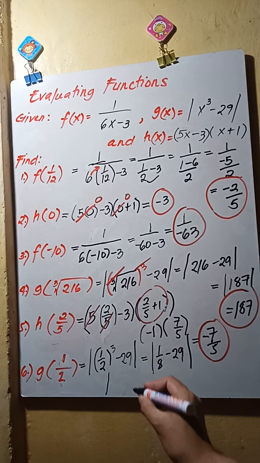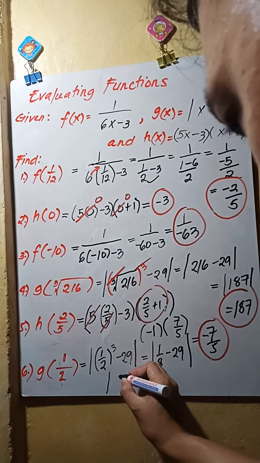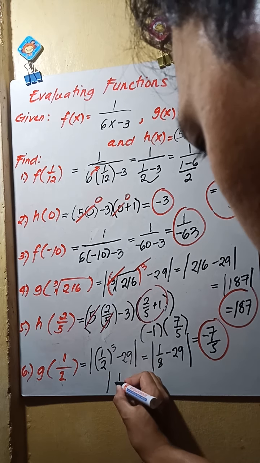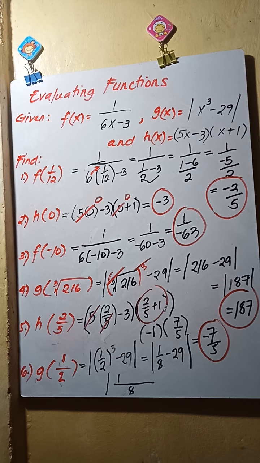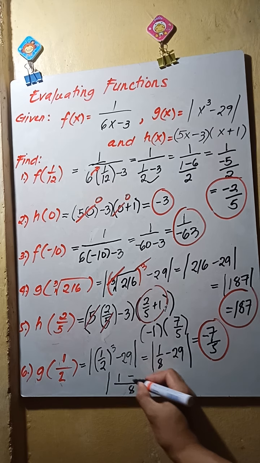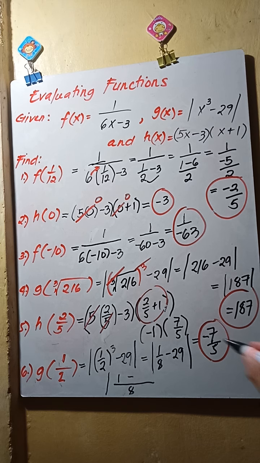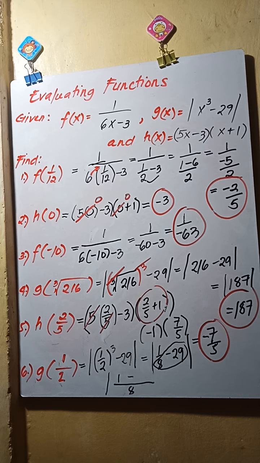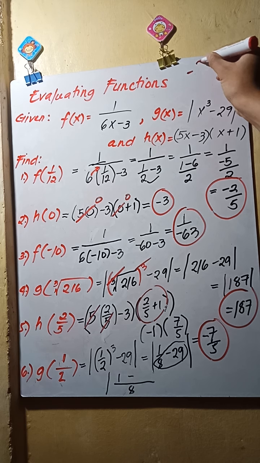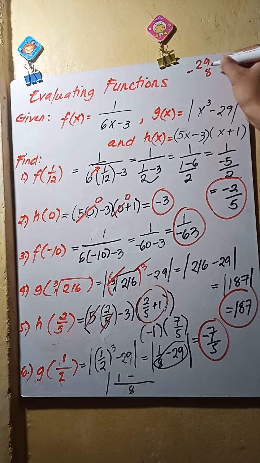For ease, copy the 1 first. Copy the denominator, which is 8, and then minus. Then you multiply 8 by negative 29.